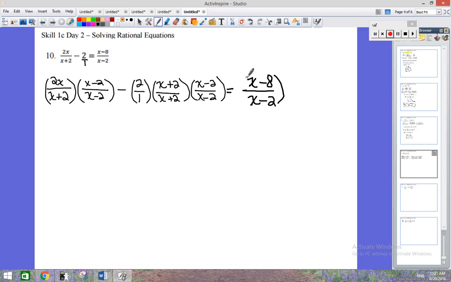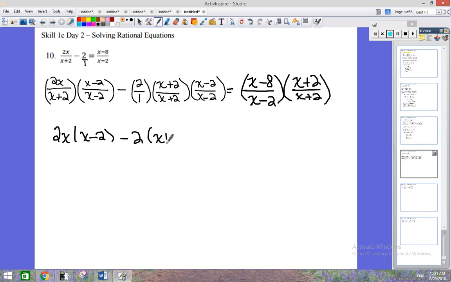That is missing a factor of x plus 2. We have a common denominator for every fraction. If we were to multiply every term by that least common denominator, those denominators would cancel. So I just simply say that they'll clear, indicating if you did that multiplication, this is the result that you would get.